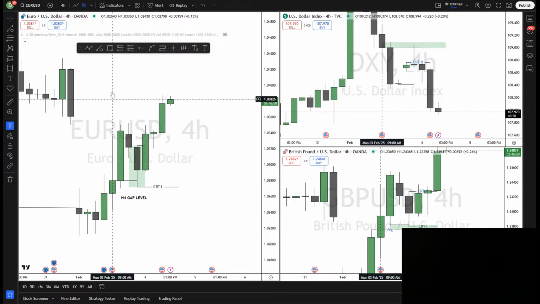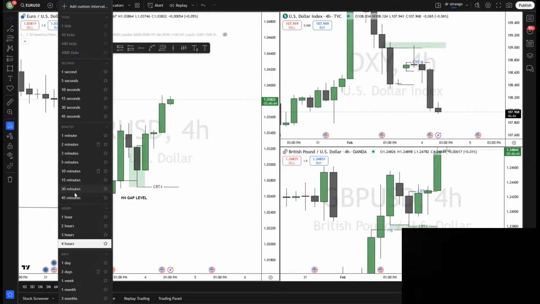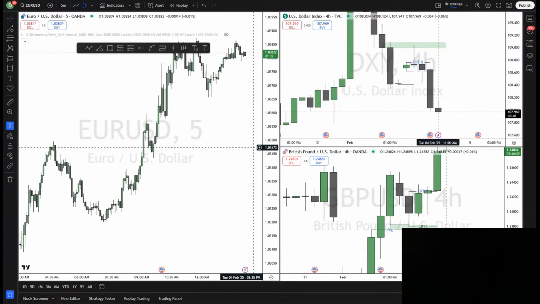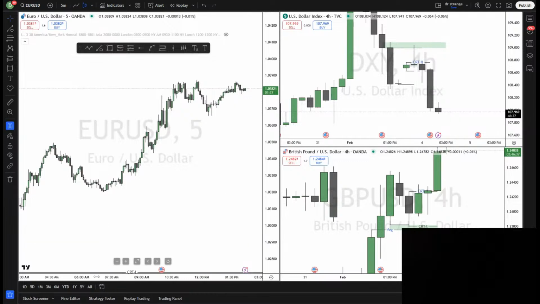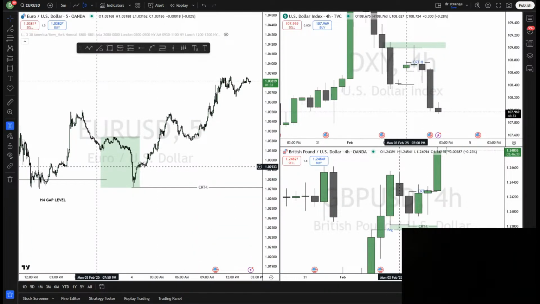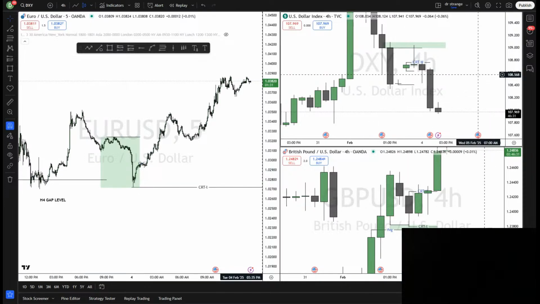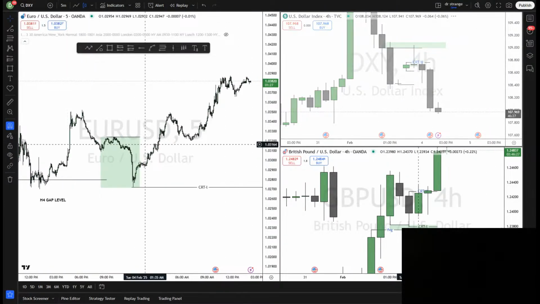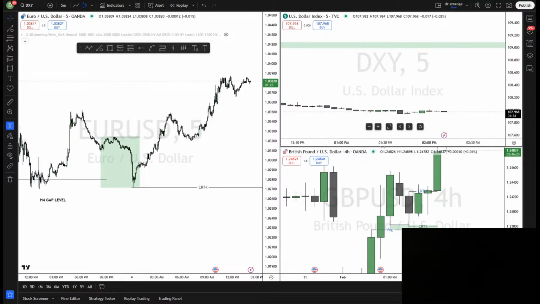So what happened? If you look at this type of SMT, it is time-based. So you would go to the 5-minute time frame. On the 5-minute time frame, this is the candle. This is the 4-hour candle on the 5-minute time frame. When we go to the DXY on the 5-minute time frame, you also label that candle.